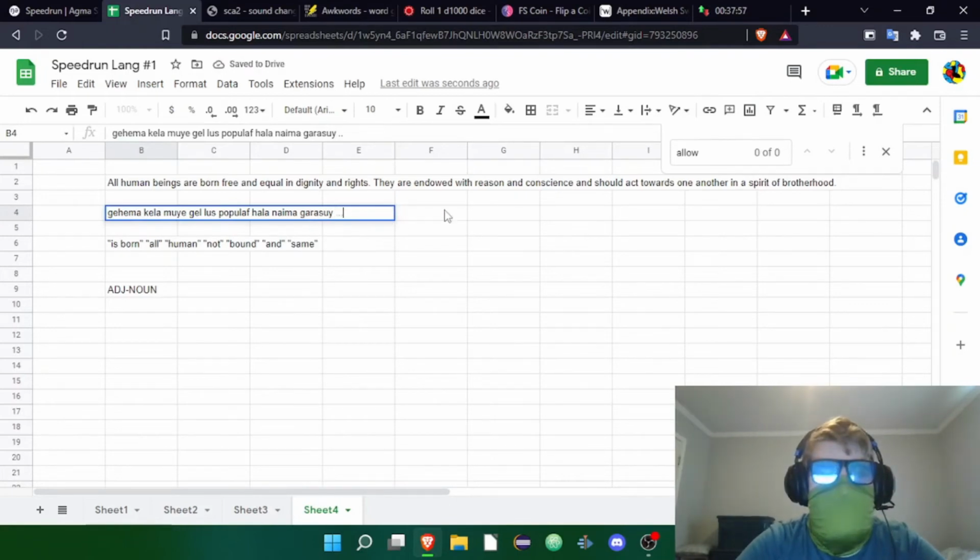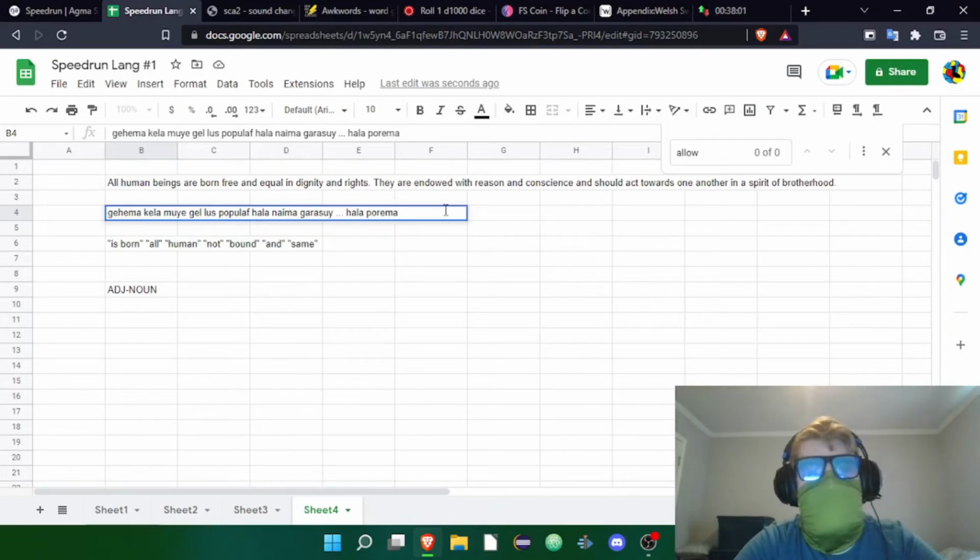So then hala porema. We can use the past tense marker as derivational morphology to create a resultant. So porema means something that is permitted or a right. However, we do need a plural marker since this isn't agreeing with the subject.